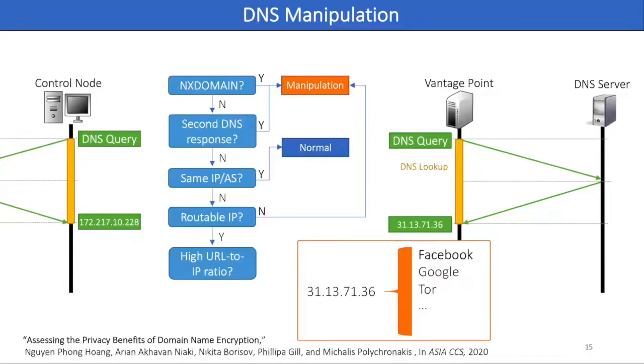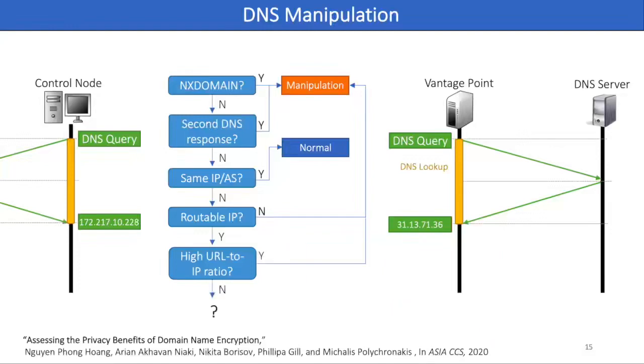For example, we observe a single IP address returned for many websites like Google or Facebook. In this case, we check the URL-to-IP ratio. If the ratio is high enough, we are confident to label them as DNS manipulation.